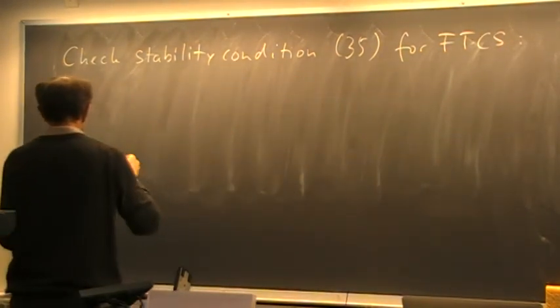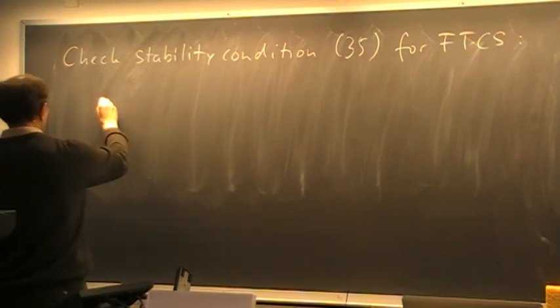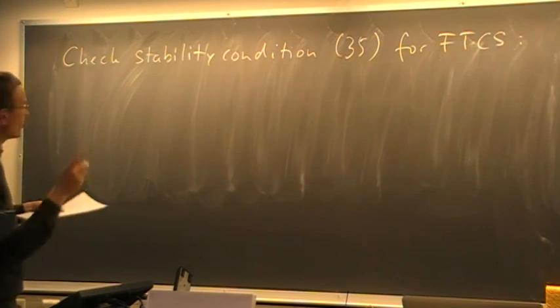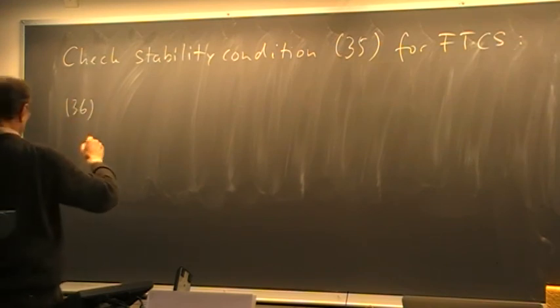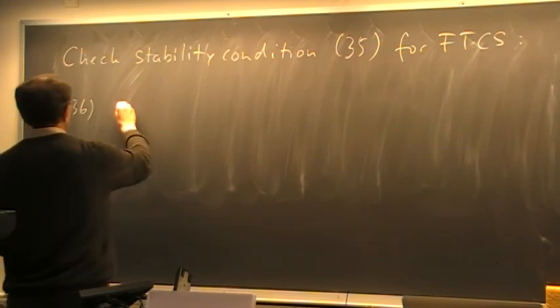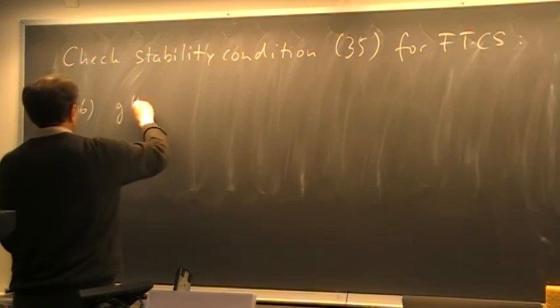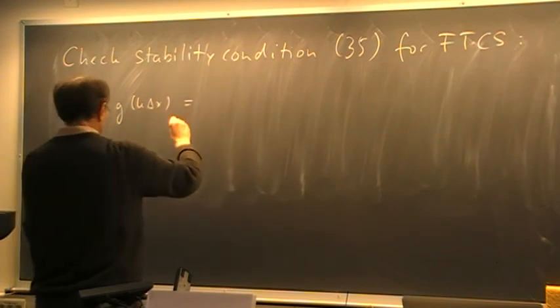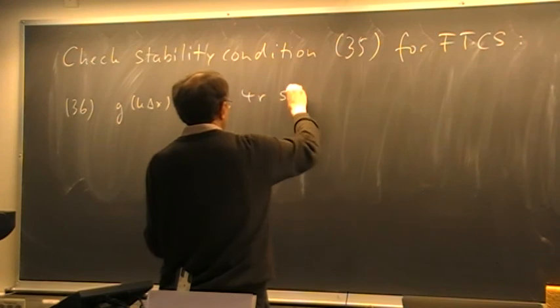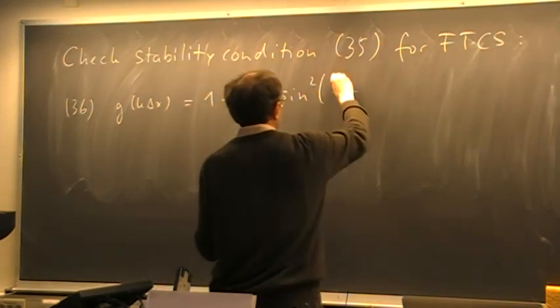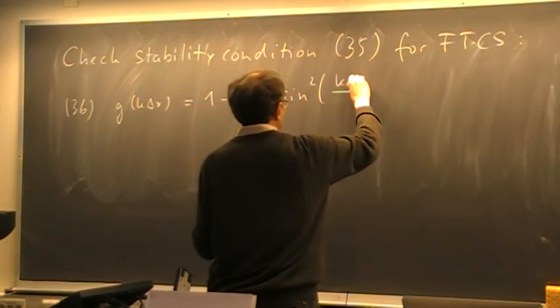And remember, the amplification factor, I repeat it again, g of k delta x is equal to 1 minus 4r sine squared of k delta x half.